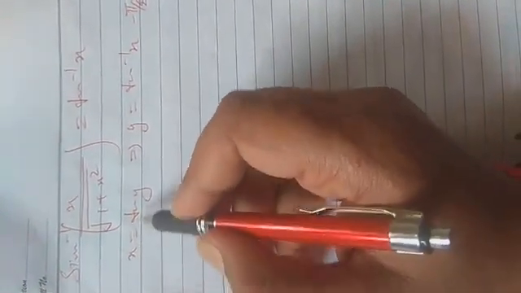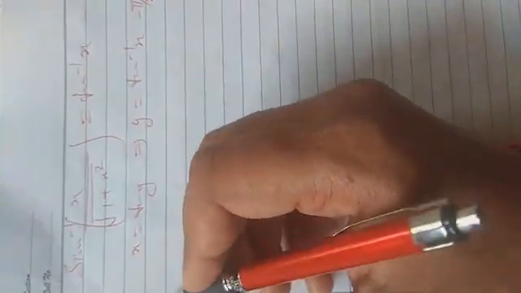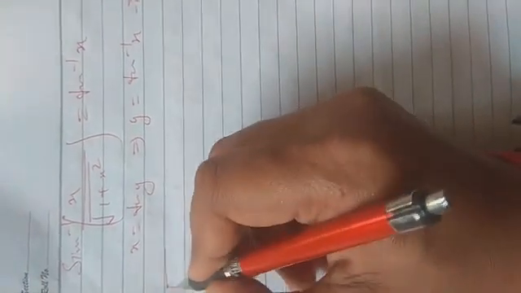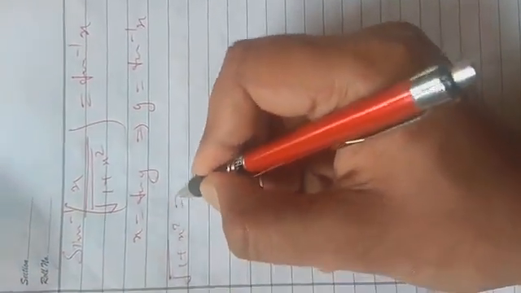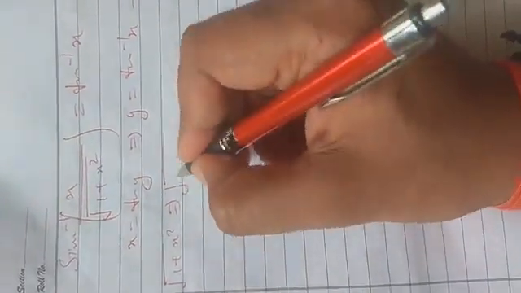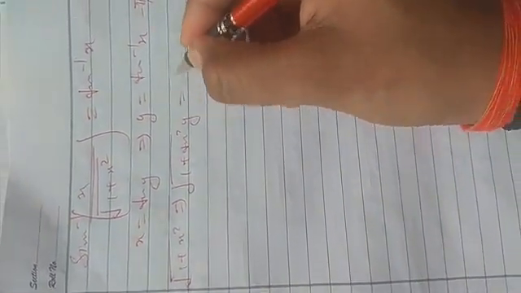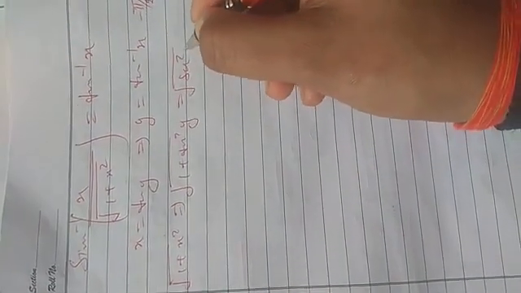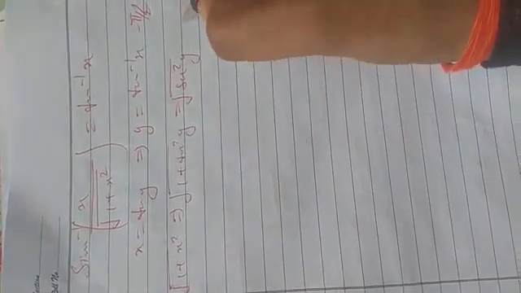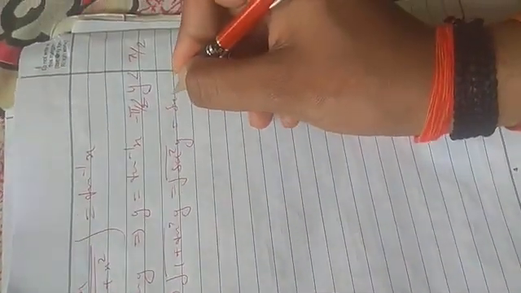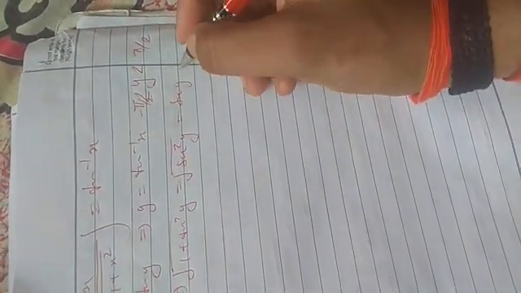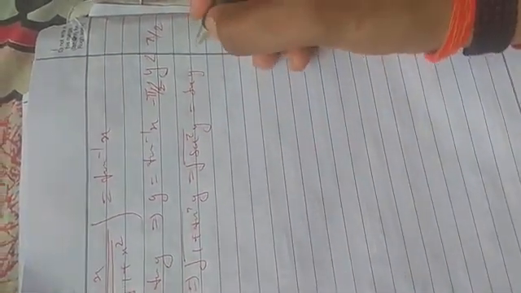Now we have assumed x equals tan y. This means that under root 1 plus x square can be written as under root 1 plus tan square y. It means that under root of sec square y implies mod of sec y, or sec y.